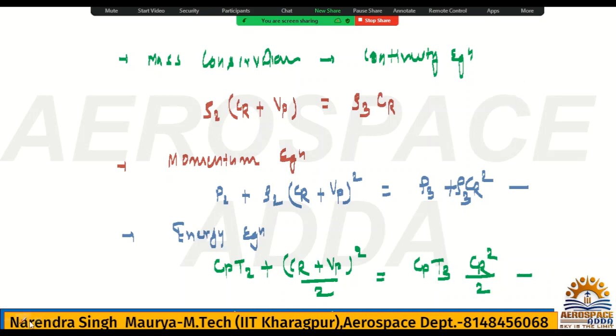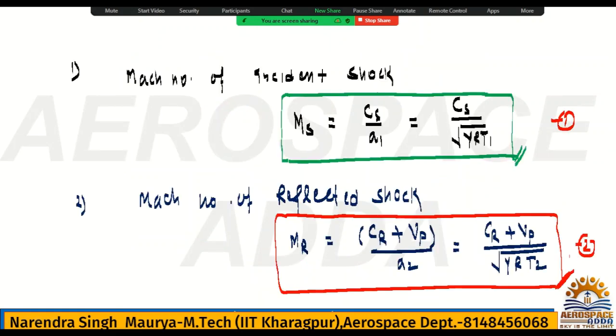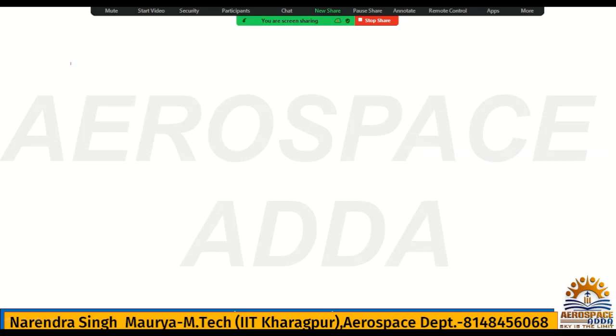Okay, there should not be any confusion. You can say this is 1, this is 2 and this is 3. So these are 3 governing equations and 2 outcomes of the governing equations, and one more we have which is very special.